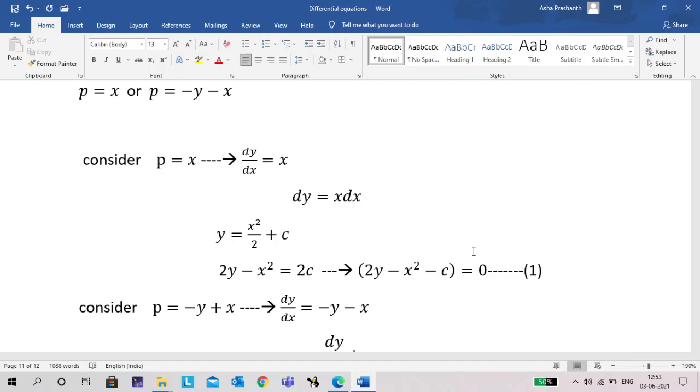After writing the factors of p, you solve the factors, and after solving them you will get the solution. That is the way of finding the solution of an equation solvable for p. The p stands for dy by dx. Clear? I hope you all understand this, right?